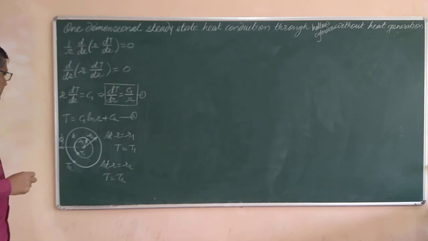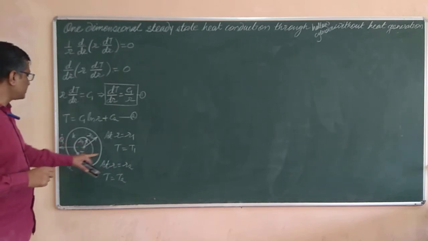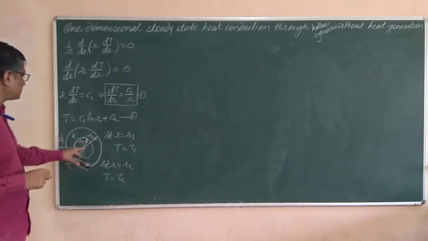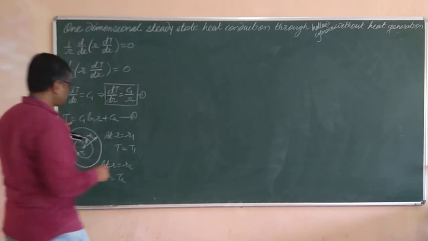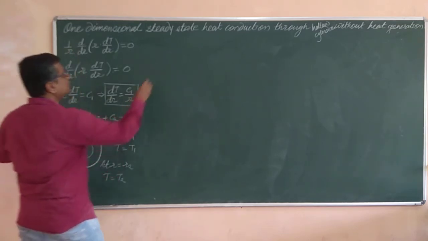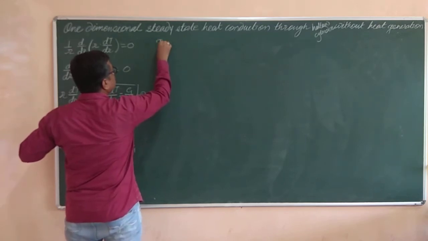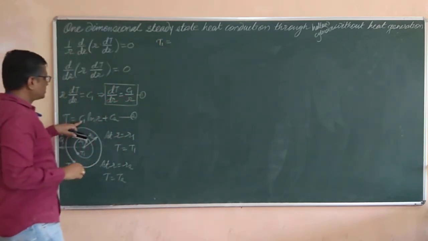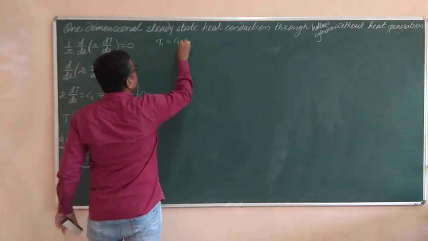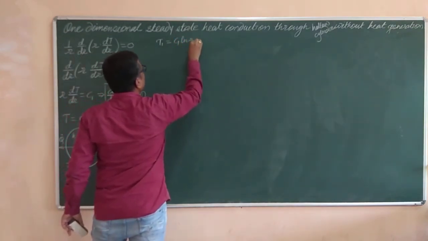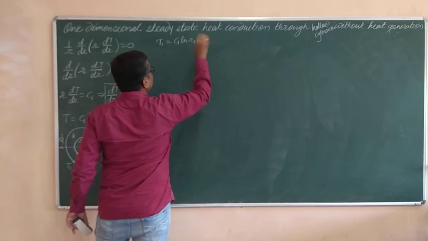Putting in the first boundary condition, T1 equals C1 into natural log of r1 plus C2.